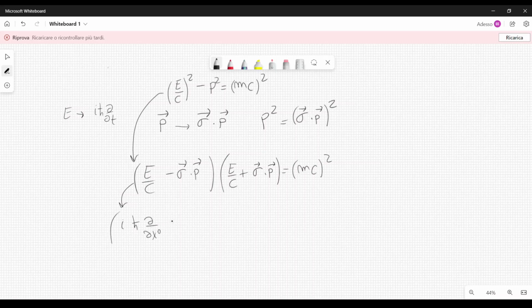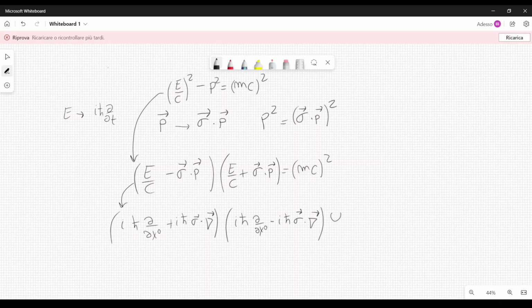Then for momentum, we have −iħ times the gradient or del operator, so we can rewrite this as plus iħ σ·∇, the del operator, the gradient. And here we have iħ ∂/∂x0 minus iħ σ·∇.